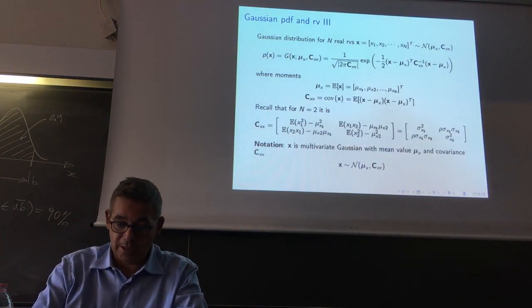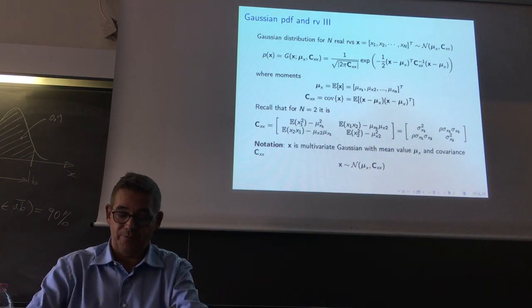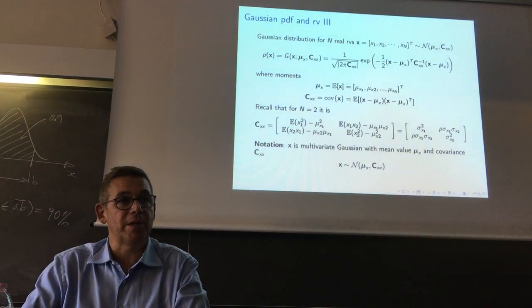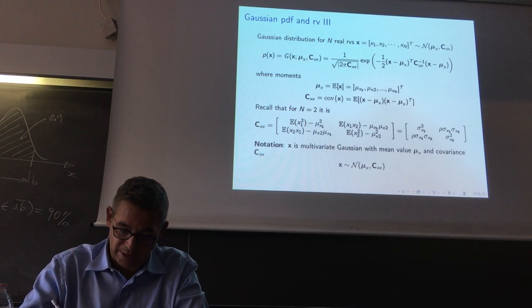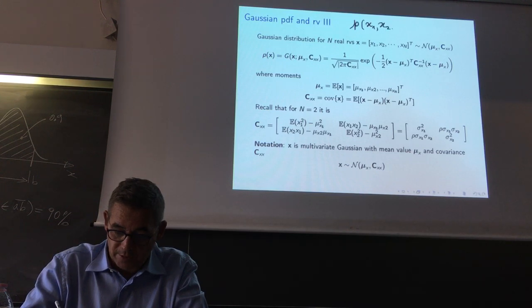Now, let's assume I have a multidimensional probability. I want to describe the joint probability with respect to x1, x2, and so on up to xn.